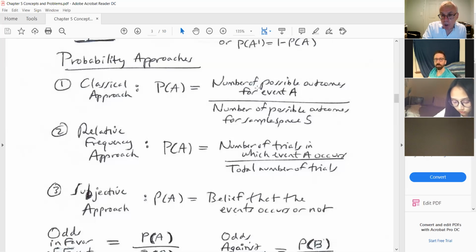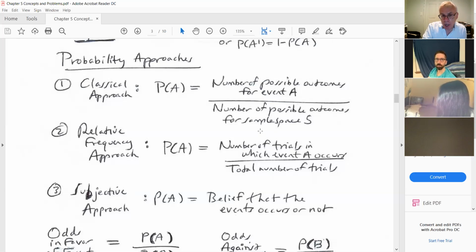That would be 1 and 4, 4 and 1, 2 and 3, 3 and 2. There's 4 possible outcomes. So 4 divided by 36 or 1 divided by 9 is the answer. So the classical approach means we know the sample space and we know the event, and we can count the number of outcomes of both. And we can just plug it in without actually doing an experiment. We know this ahead of time.